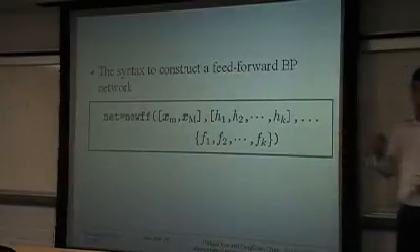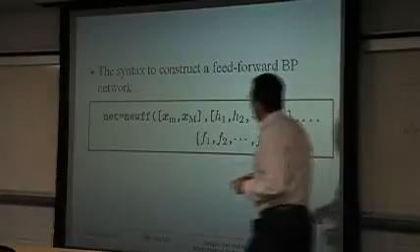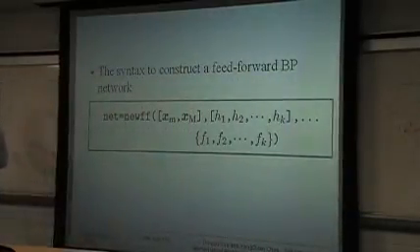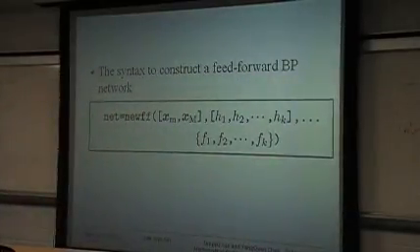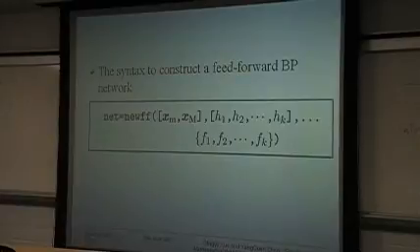So for our example, according to the command like this, what we need to do is to use the command net equals newff, and then we have to specify the range of the X signal. And then we should have 5, 1 here because we have 5 nodes in the first layer and 1 node in the second layer.